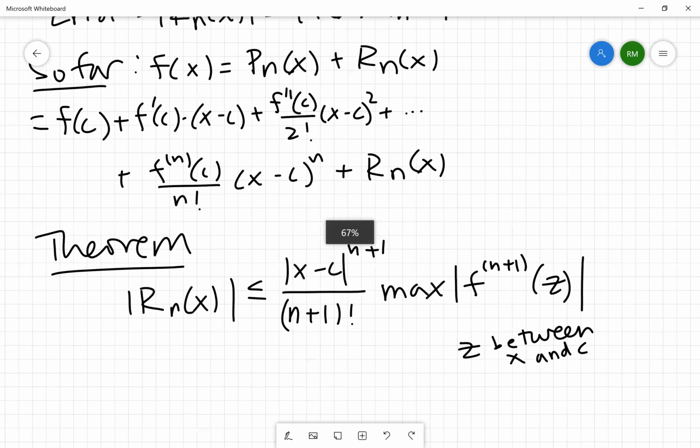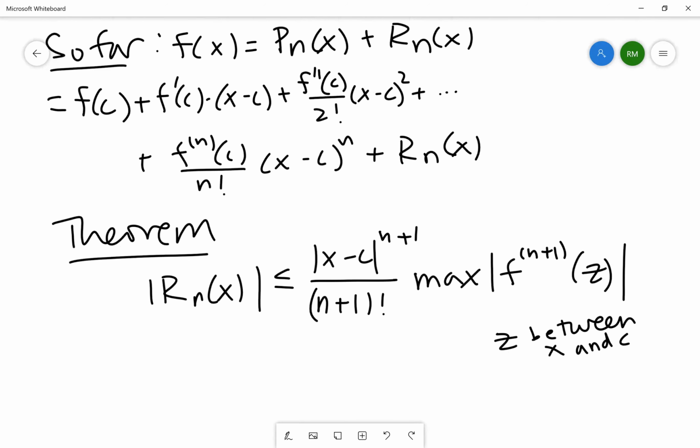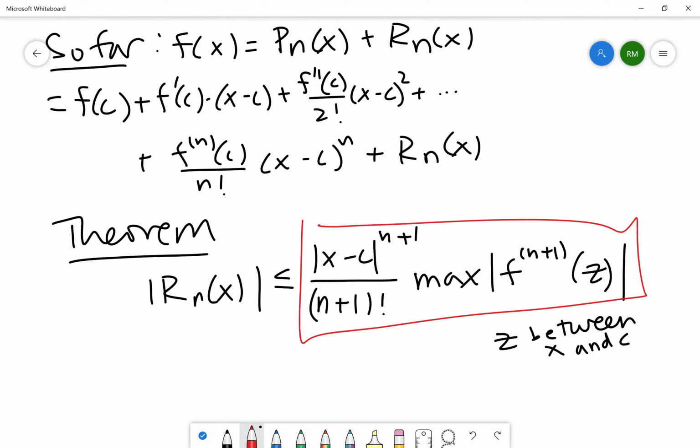So we think of x as a value, and our remainder is less than or equal to this kind of complicated looking expression on the right. This is the important expression to know about the remainder.